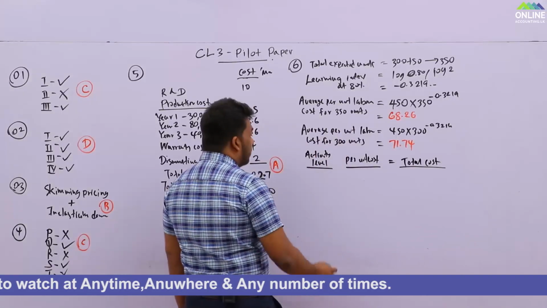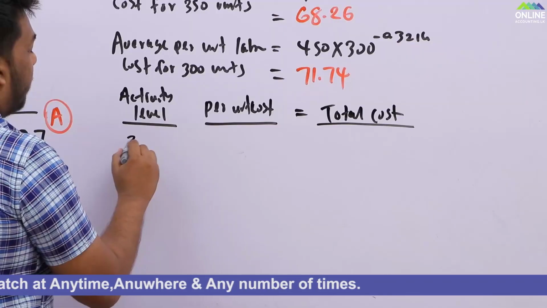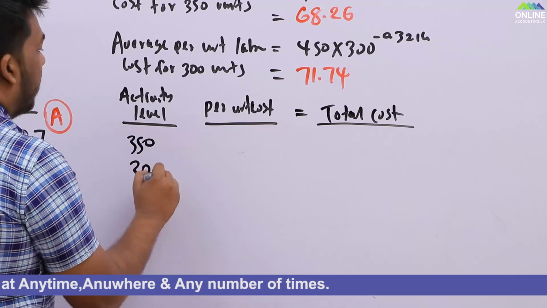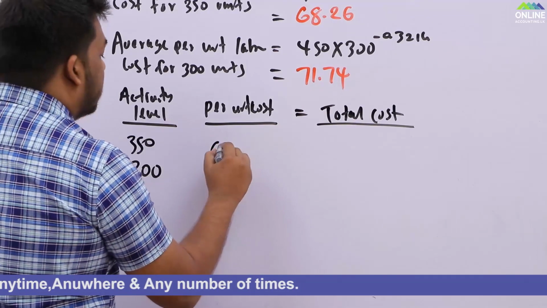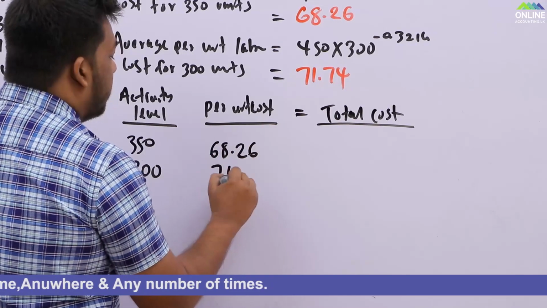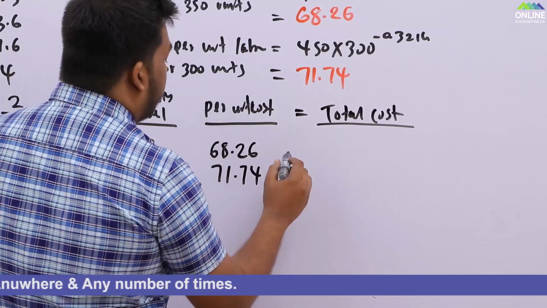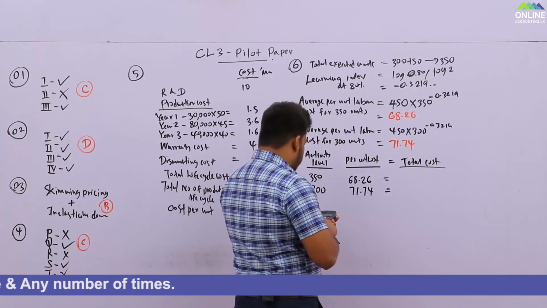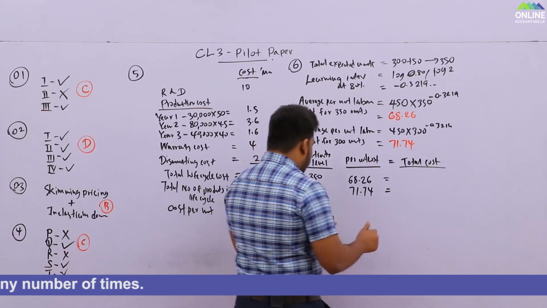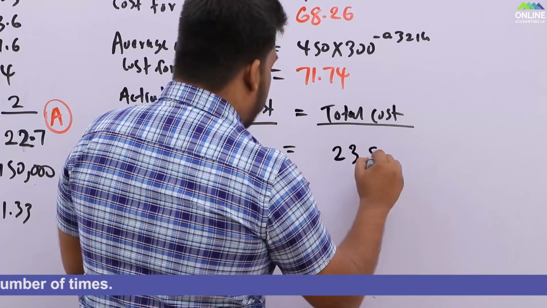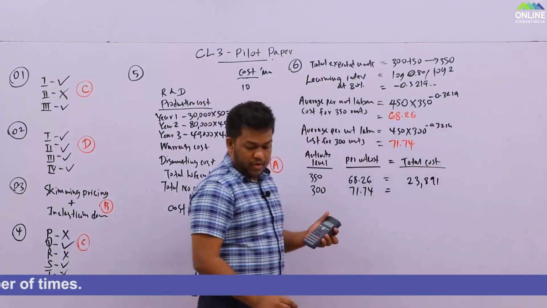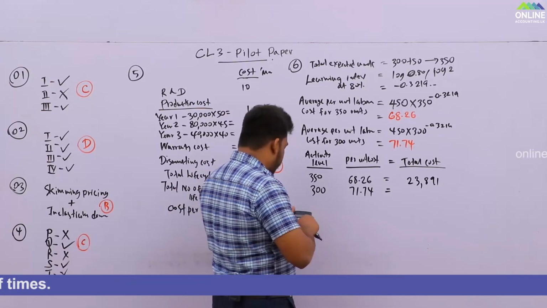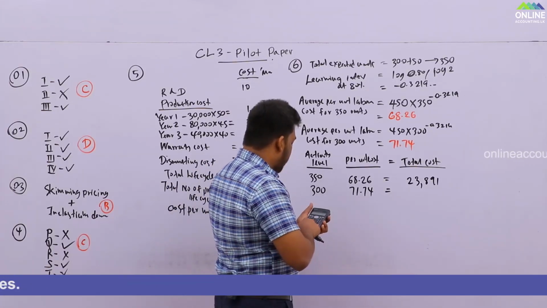Total cost is activity level at 350 and 300. Per unit cost is 68.26. Here per unit cost is 71.74. So the total cost would be 350 into 68.26. That is 23,891. Then 300 into 71.74.